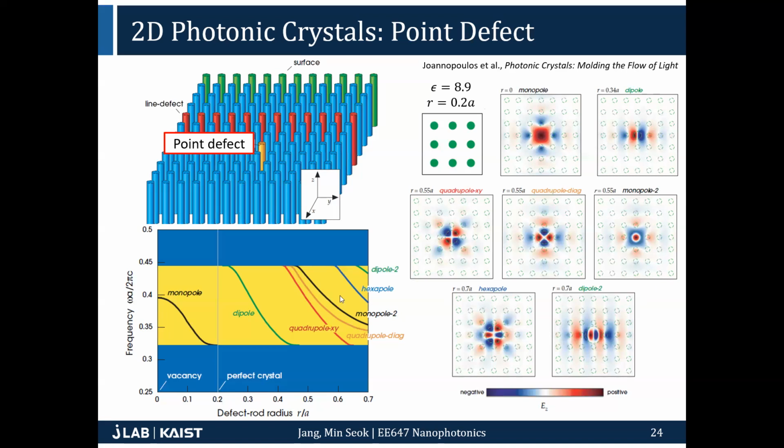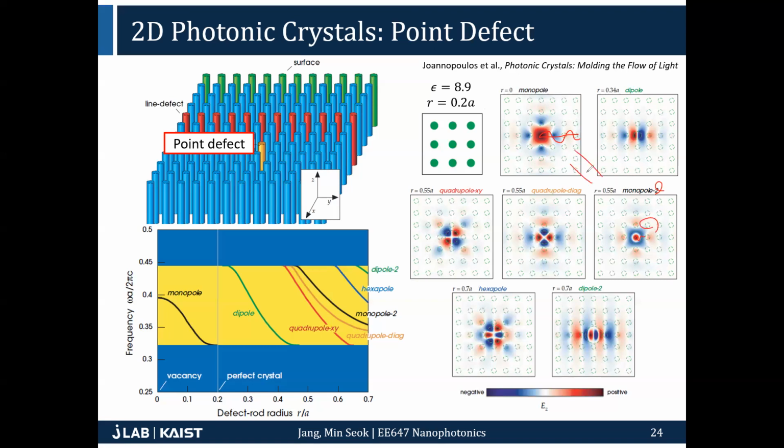The difference between the first order monopole mode and the second order monopole mode: in the first order monopole mode, the oscillation along this direction is very slow, right? Up and down and up and down. But here, the monopole 2 mode has high oscillation, even inside the cylinder. So it's like a higher order mode.